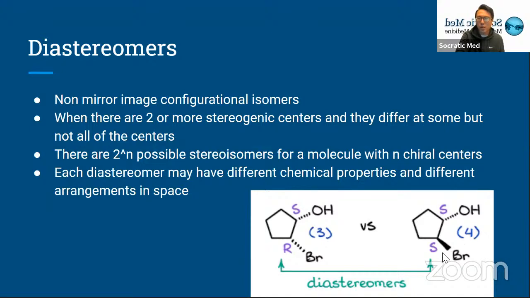The R becomes an S, but the top chiral center is still an S. So they differ at one, but not both of the chiral centers. If the left side is S and R, and the right side were to become R and S, they would be enantiomers because they differ at all the chiral centers. So that's diastereomers.